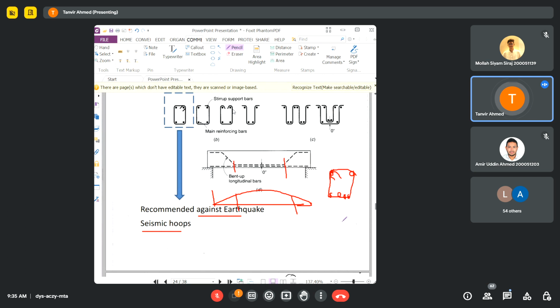In that case, you can keep these two bars straight or continue these two bars like this one. Here you can see one bar is shown continued all the way, right?